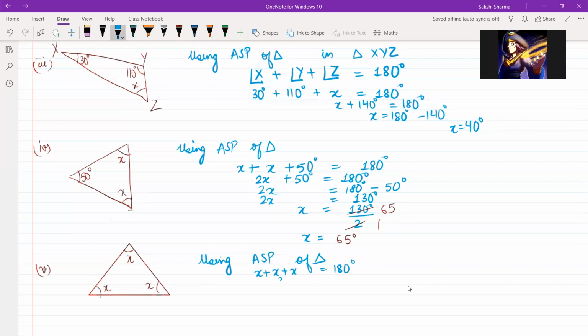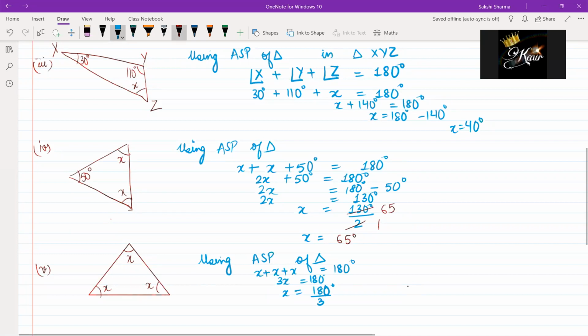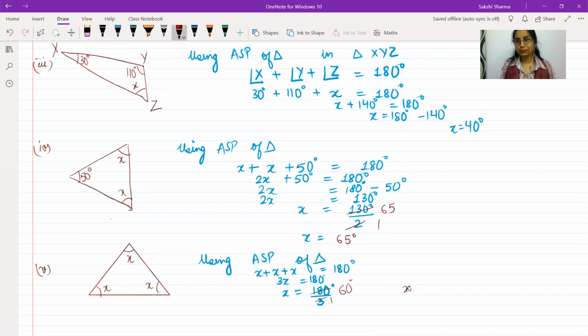Three x is equal to 180, so x is 60 degrees. What type of triangle do you think this is? Equilateral. Equilateral triangle. All right.